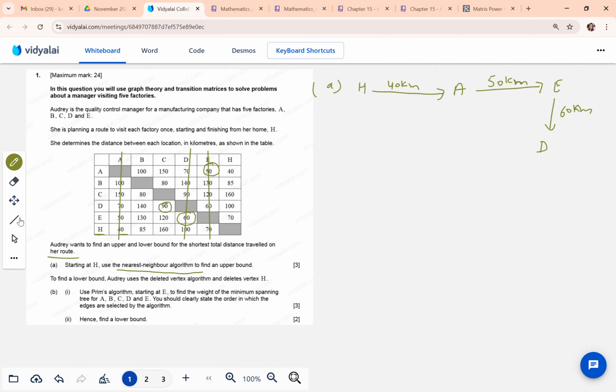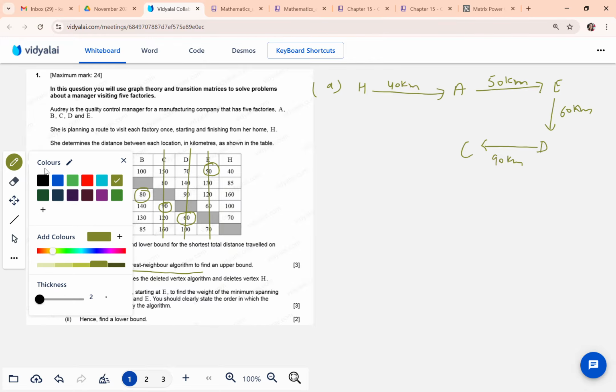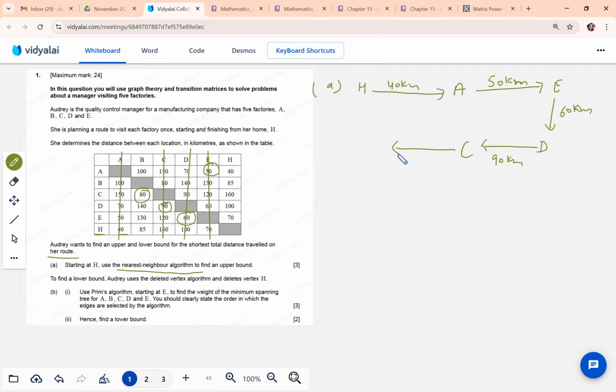So now from D we will move to C covering a distance of 90 kilometers and then C is taken, we'll cross that. Now from C I will see the nearest, that is 80 towards B. So we'll move towards B covering a distance of 80 kilometers.